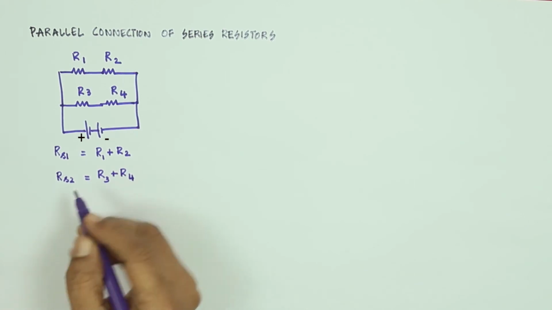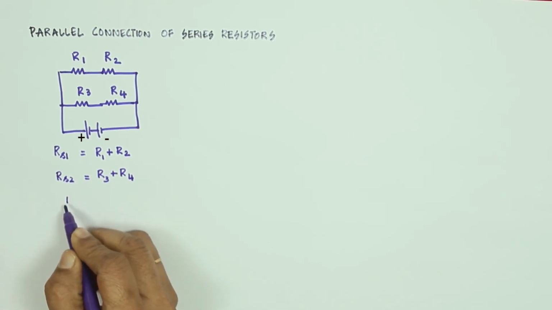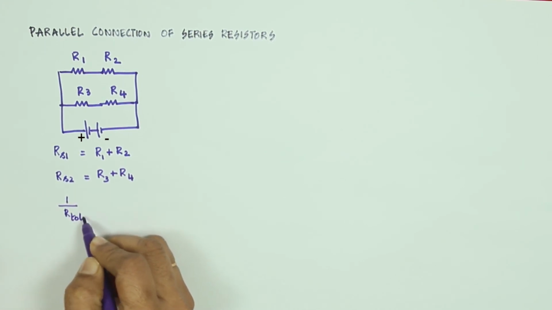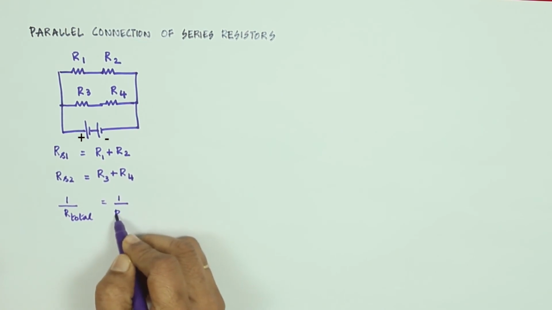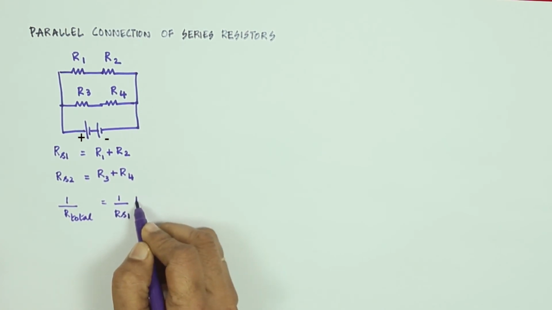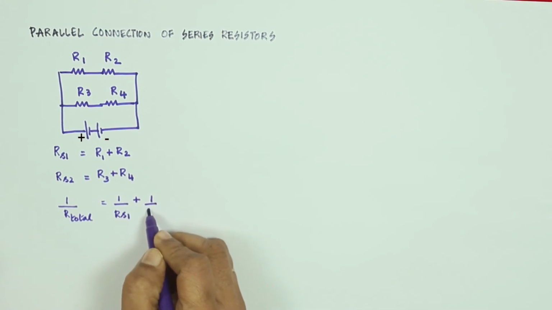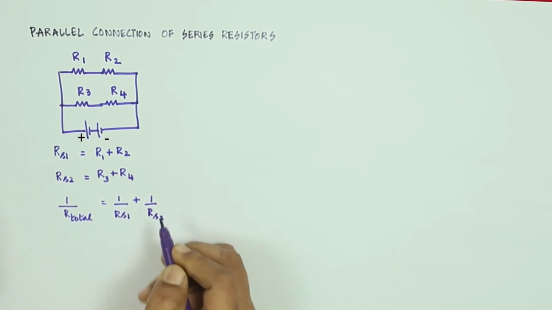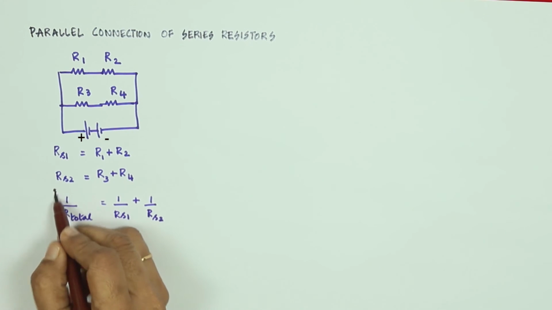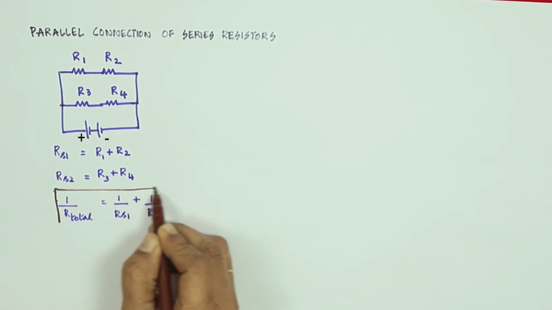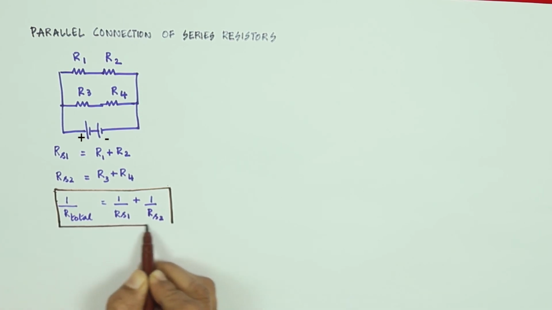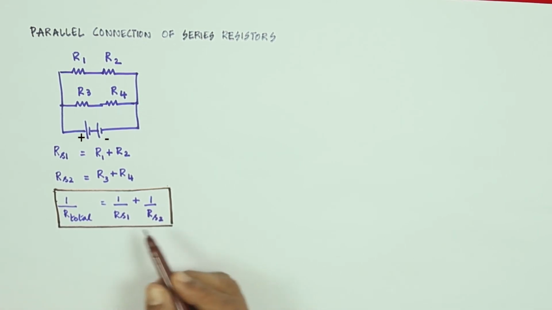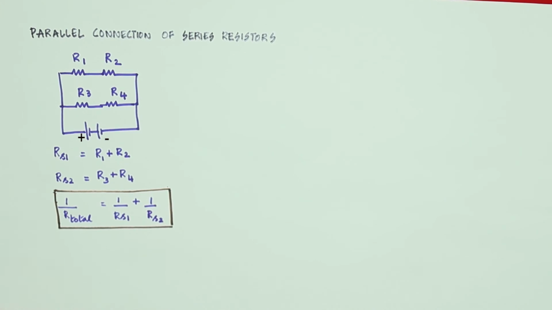So the total resistance for the parallel connection will be 1 by R total is equal to 1 by RS1 plus 1 by RS2. So this is the effective resistance of series resistors connected in parallel.